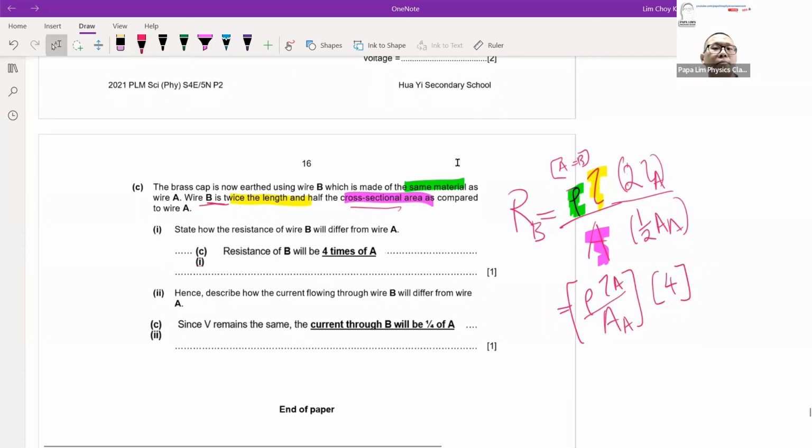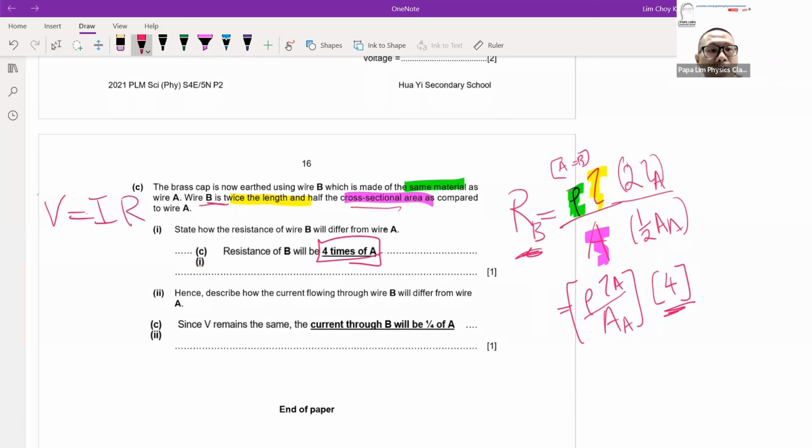So you'll find that the resistance of B is actually 4 times the resistance of A. That's how I'm able to deduce that it is 4 times A by using the formula that resistance is rho L over A. So you have to remember the general formula for electricity, V equal IR. But other than that, you also must remember the individual formulas for voltage, current, and resistance. If not, you will not be able to solve this question.